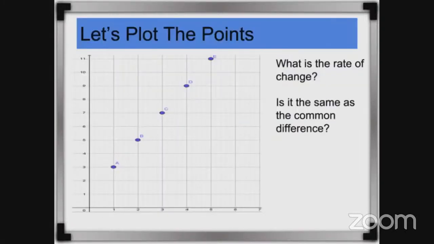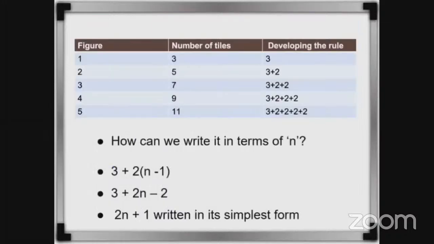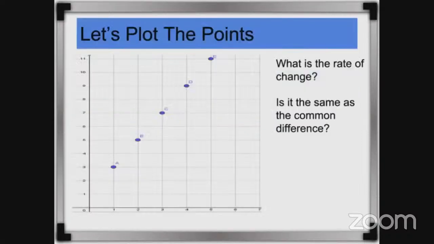Now here we're plotting the information. What is the rate of change here? If we were to look at how each number of tiles is progressing: 3, 5, 7, 9, 11. So point A would have been plotted at 3, point B, which is the second term, is 5.